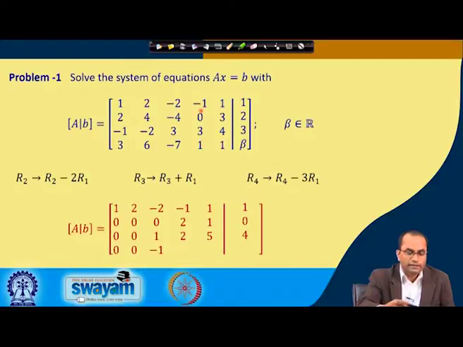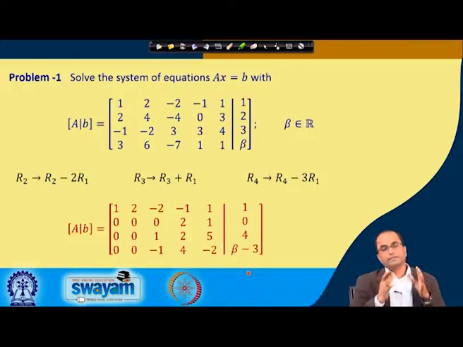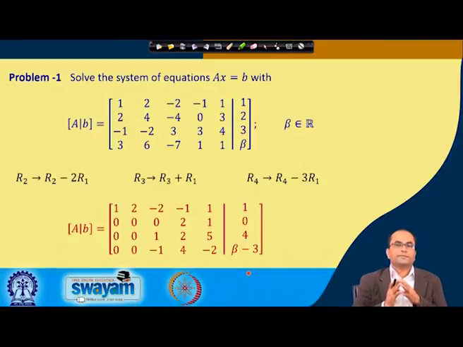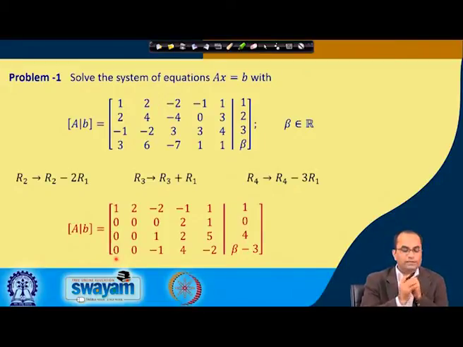Here 1 and then plus 3, so 4, and 1 minus 3 is minus 2, and beta minus 3. So, this is the first step of the elimination technique, where we have eliminated x1 from the equations.